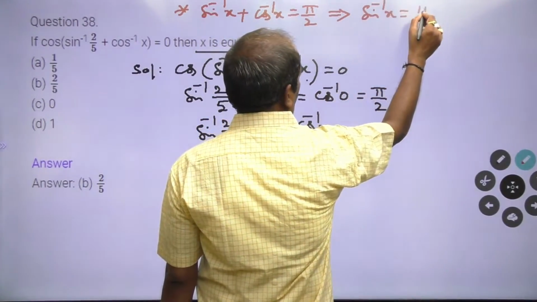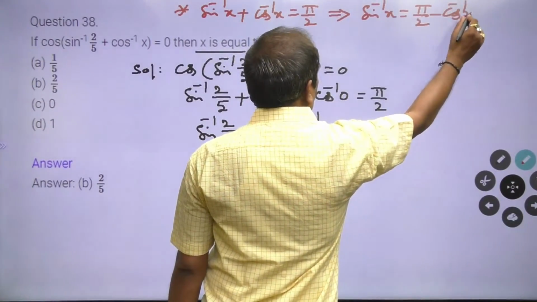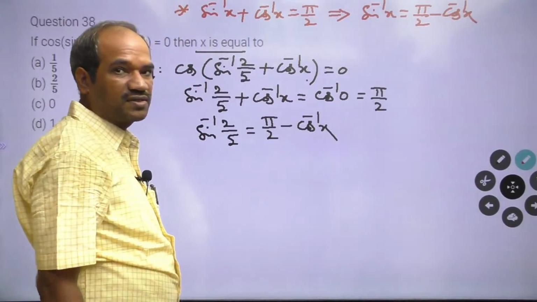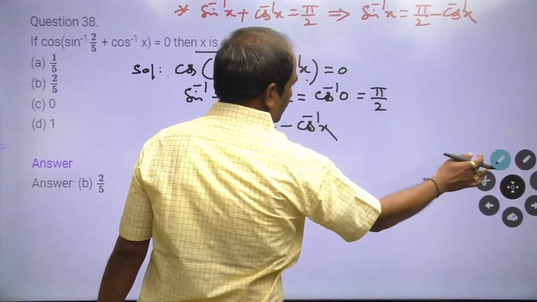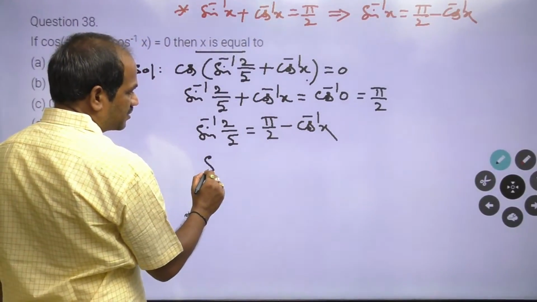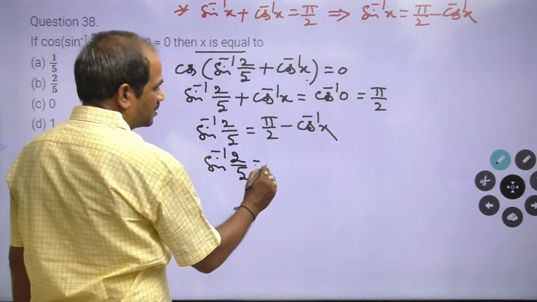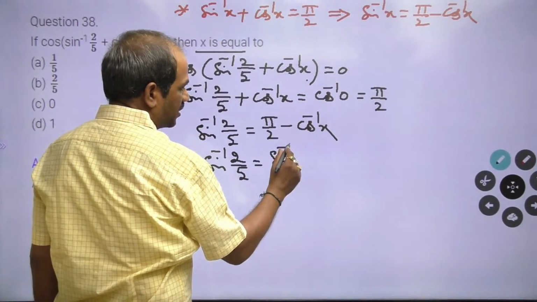Replace here: sin inverse of 2 by 5 is equal to pi by 2 minus cos inverse x, which is sin inverse of x.